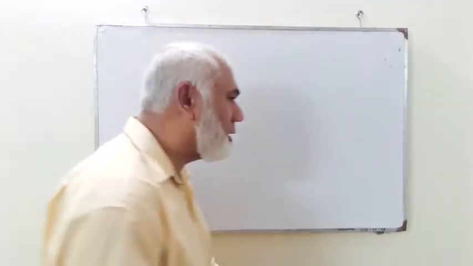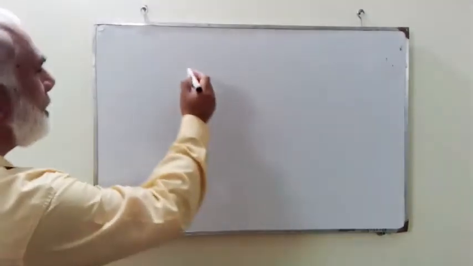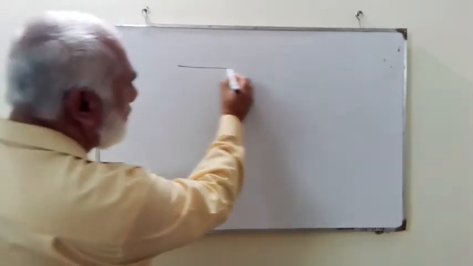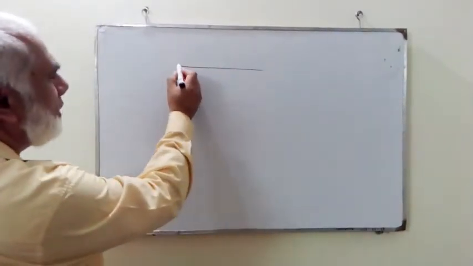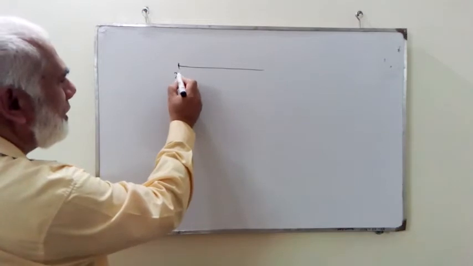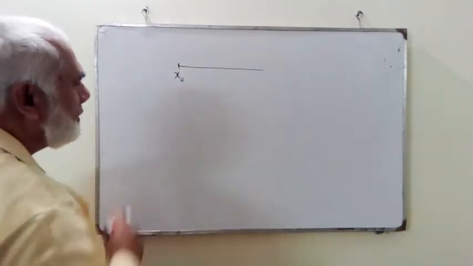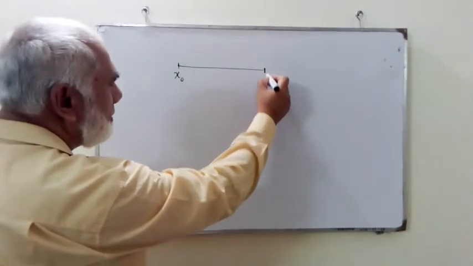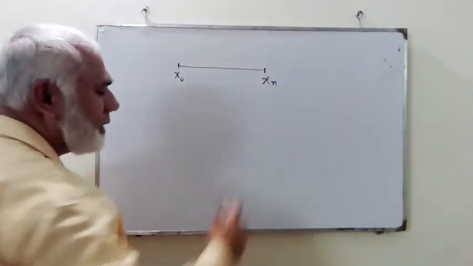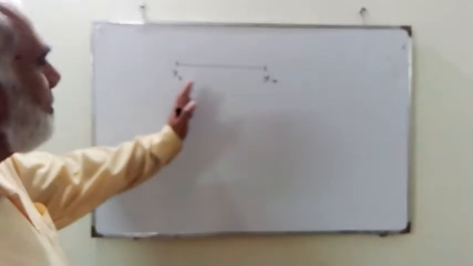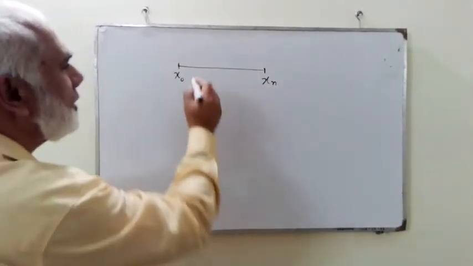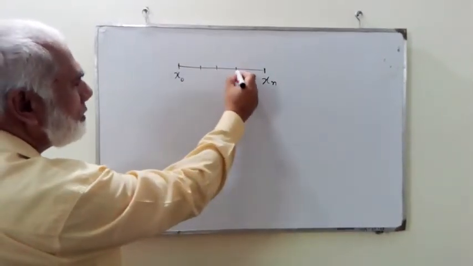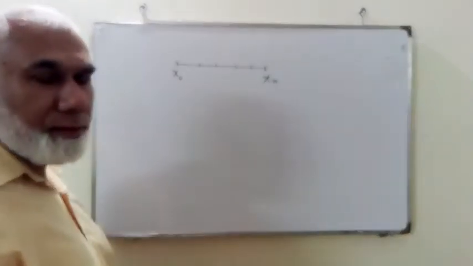Suppose in numerical methods, generally, we are working within an interval. We start from the starting point, which we call x0, and we have to reach some nearest point, say xn. In order to reach from x0 to xn, we can divide it into sub-intervals of equal lengths.